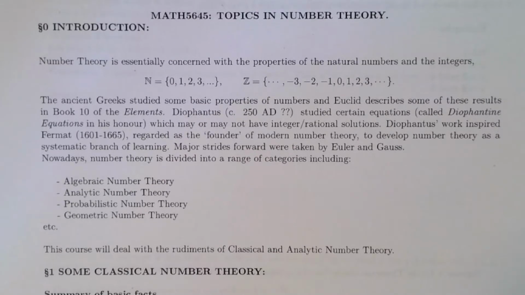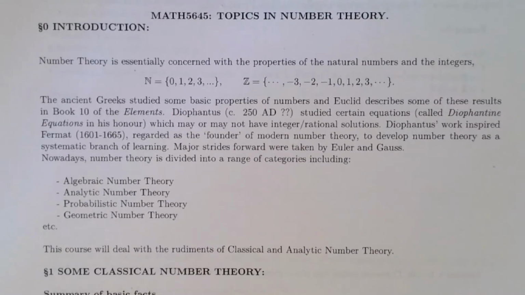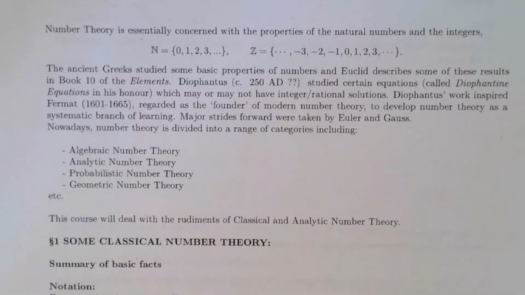Major strides forward were taken by Euler and of course later on by Gauss. Nowadays number theory is divided into a range of categories, including algebraic number theory, analytic number theory, which is what we're ultimately going to be getting to, probabilistic number theory, geometric number theory, and so on. So these notes will deal with the rudiments of classical and analytic number theory.